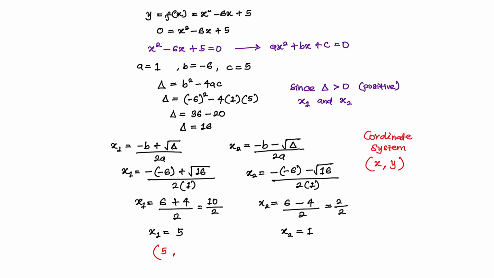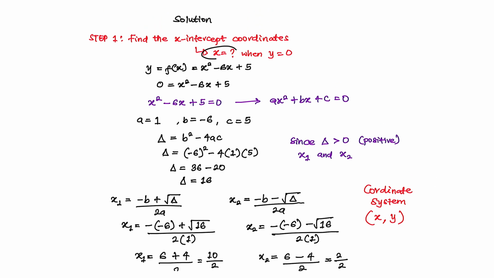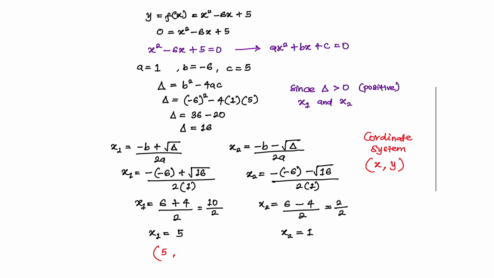the value of y. Remember that we said what is the value of x when y is 0. So this means the coordinate is x is 5, y is 0. When the value of y is 0, we will have 5 as the first x. So that's the first coordinate.